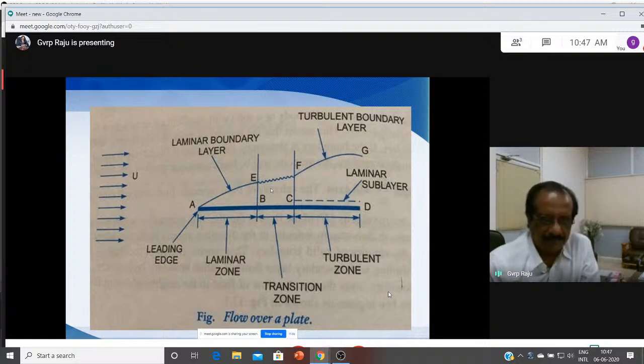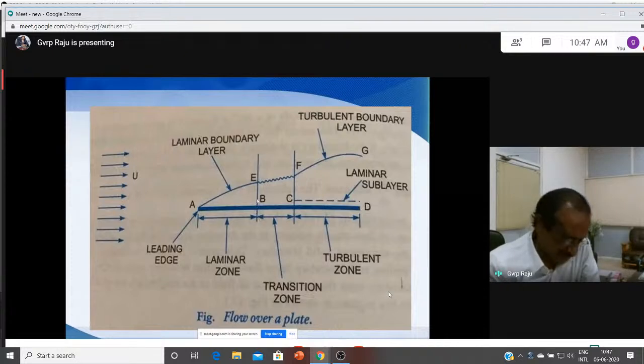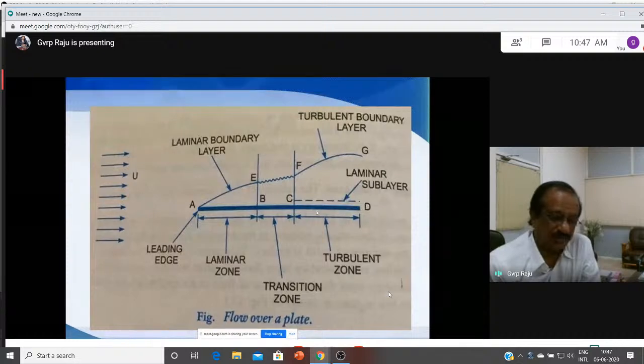So here, how will you find out whether this is a laminar zone or a turbulent zone? From A to B, let us say we want to find out the Reynolds number. How will you know whether the flow is laminar or turbulent?